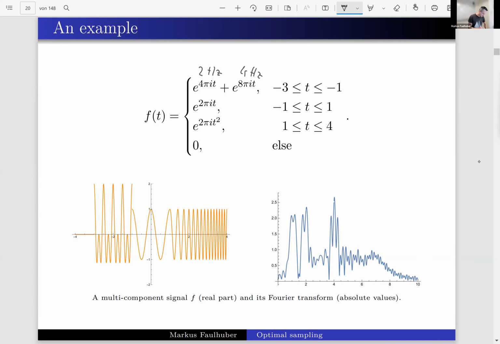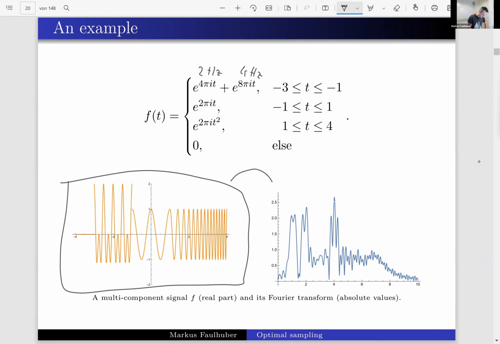On the left-hand side, in this picture, you see the real part of the signal, and then you take the Fourier transform. I only plotted the absolute values, and then you can see, okay, there is something going on at 1 Hertz, which is this interval here.